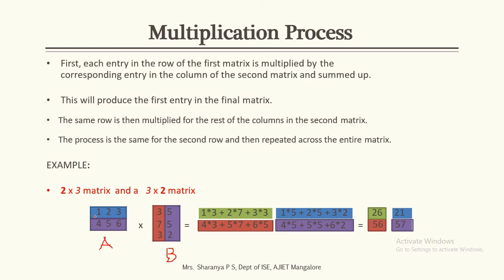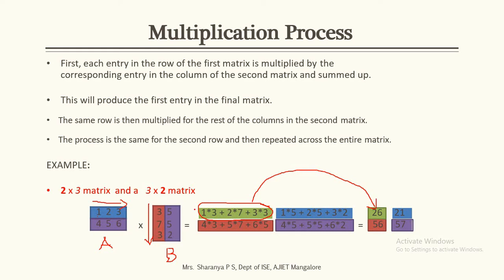That is 1 into 3, plus, this is the way we will be processing, rows into columns, 2 into 7 plus 3 into 3. The result we get here will be one element of the resultant matrix.